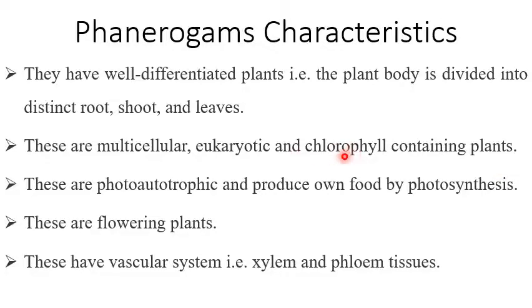Due to the presence of chlorophyll we can say they have an autotrophic mode of nutrition. Here it is mentioned these are photoautotrophic and produce their own food by the process of photosynthesis. These are flowering plants. These have a vascular system, that is xylem and phloem tissues.